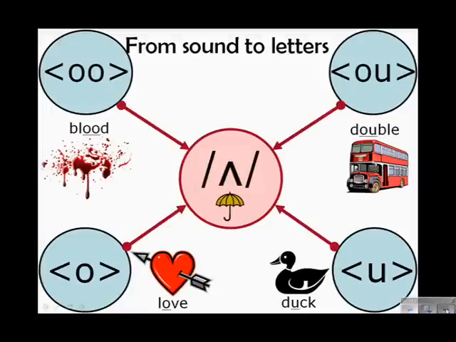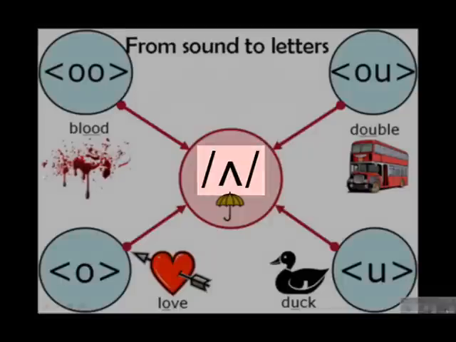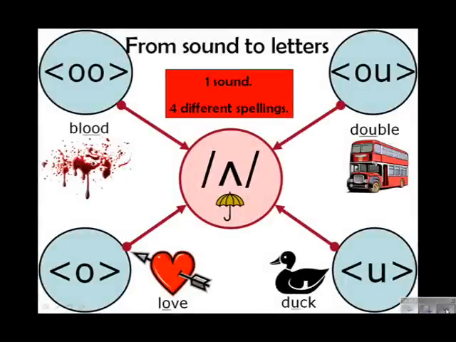And notice here I'm using slanted brackets to show that now I'm referring to sound and not letters. So this symbol in the middle is a phonetic symbol which represents the sound as in umbrella. And now we have one sound with 4 different spellings.